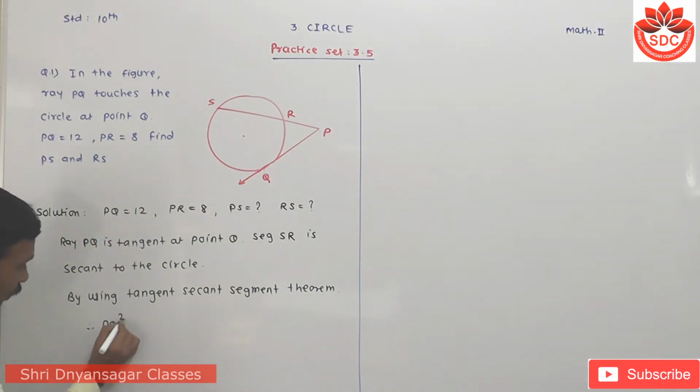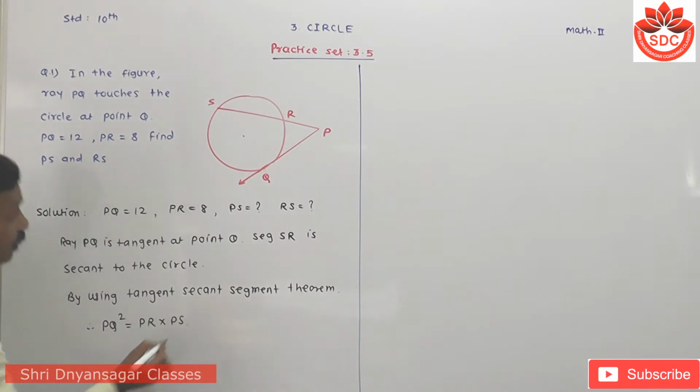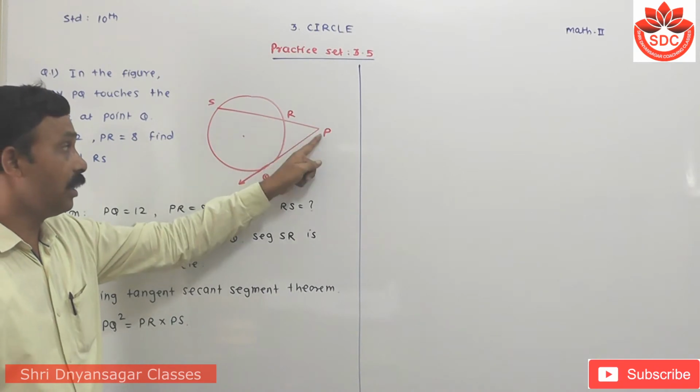Therefore, PQ square is equal to PR into PS. Look carefully, PR into PS.